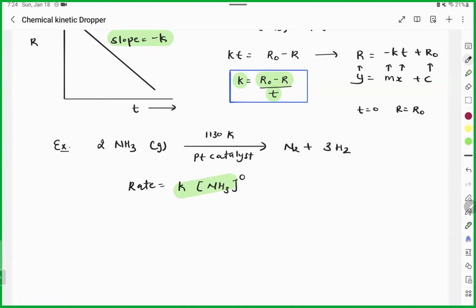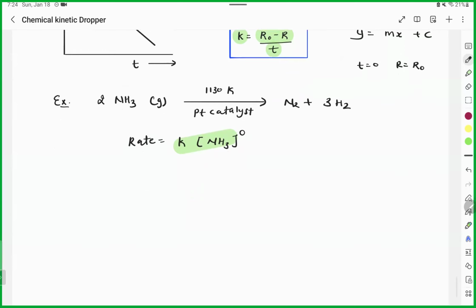Okay. Any doubt? Why? In this reaction, the rate does not depend upon the ammonia. The reason is if you increase the pressure, then the surface will be saturated. What is the metal surface? Platinum.